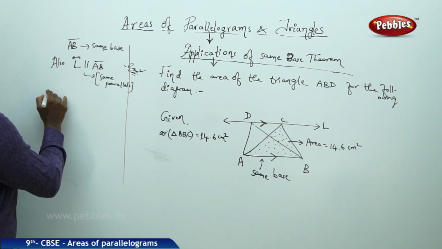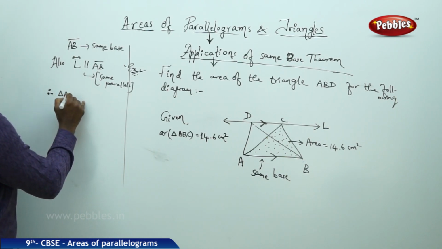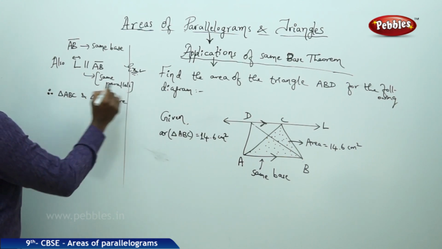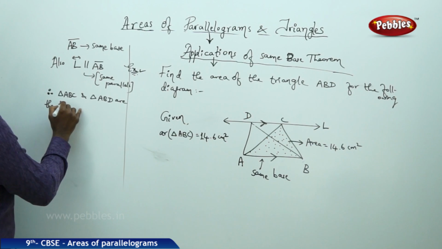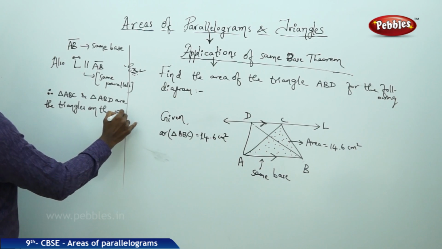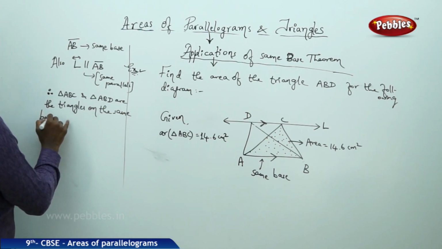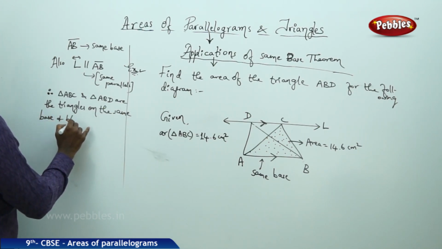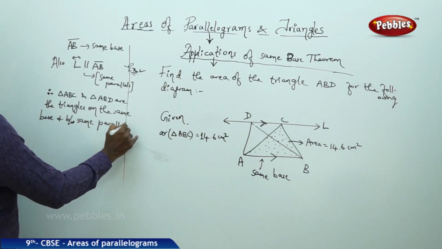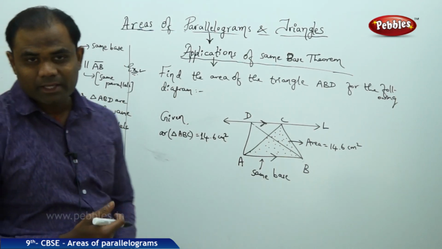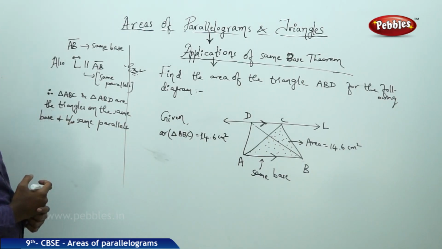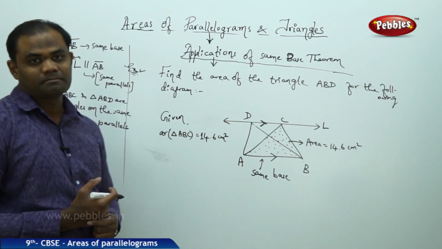Therefore, triangle ABC and triangle ABD are the triangles on the same base and between same parallels.